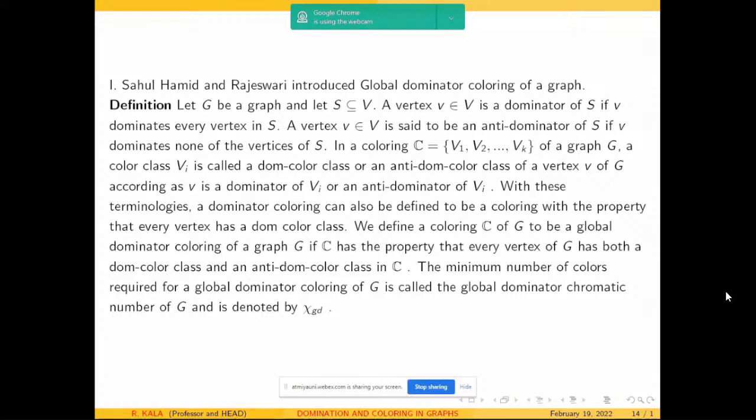One color class that V should be adjacent to all the vertices of, and another color class that V is not adjacent to any vertex of. The number of colors required for a coloring with this condition is called the global dominator chromatic number, and it is denoted by chi GD. So it is a small variation of the dominator coloring number.